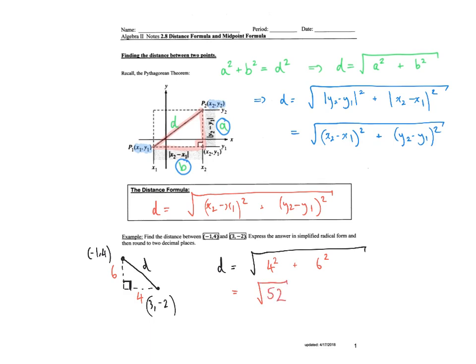Now, of course, we should simplify this. 52 is 4 times 13, so we can simplify that radical as 2 times the square root of 13. We're also asked to give an approximation to 2 decimal places. If we type that into a calculator, we should get 7.21 to 2 decimal places.